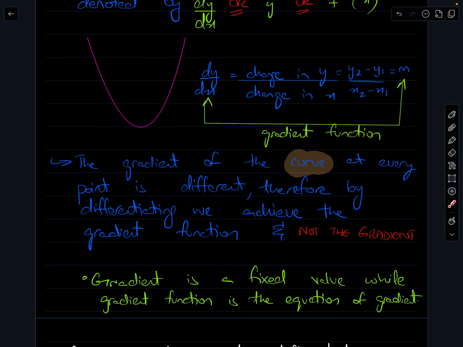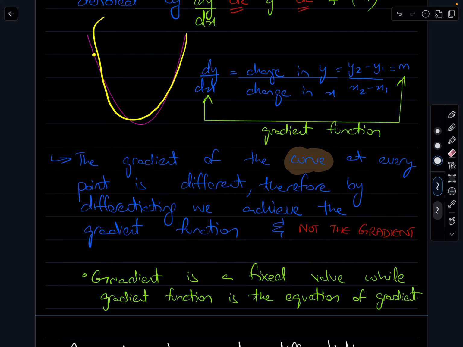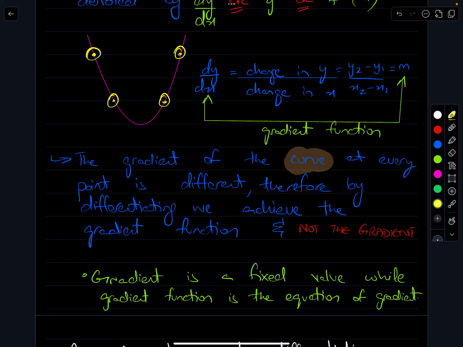So you need to realize why we need to differentiate. We differentiate because let's say we have a quadratic function which results in a quadratic curve. In this case, the gradient at each and every point is different, and it can be troublesome to determine a gradient at each and every point.